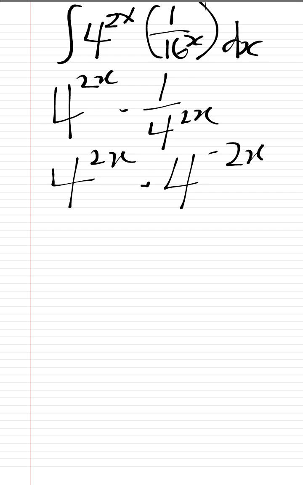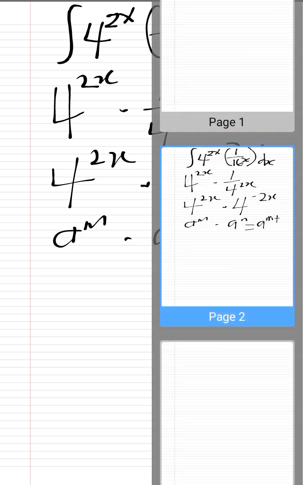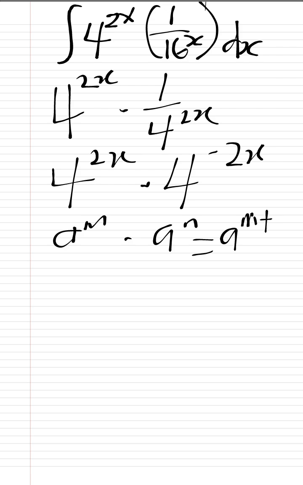So if you recall, one of the laws of indices says that if you have a exponent m dot a exponent n, then whenever you are doing multiplication, you are finding the product and the bases are the same, we only take one of the bases and add the exponents.